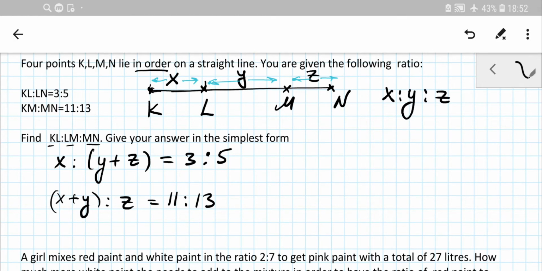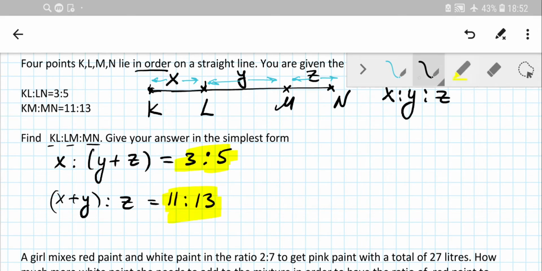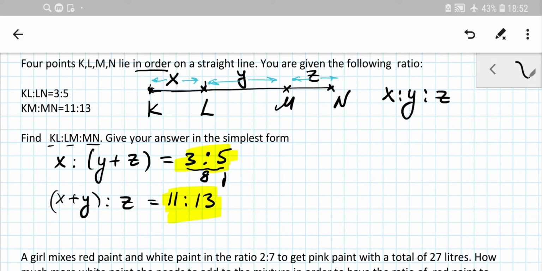In order to find this ratio, it would be ideal if we knew the total number of parts. However, if you calculate the total number of parts in the two given ratios, you'll get that here there are only 8 parts.